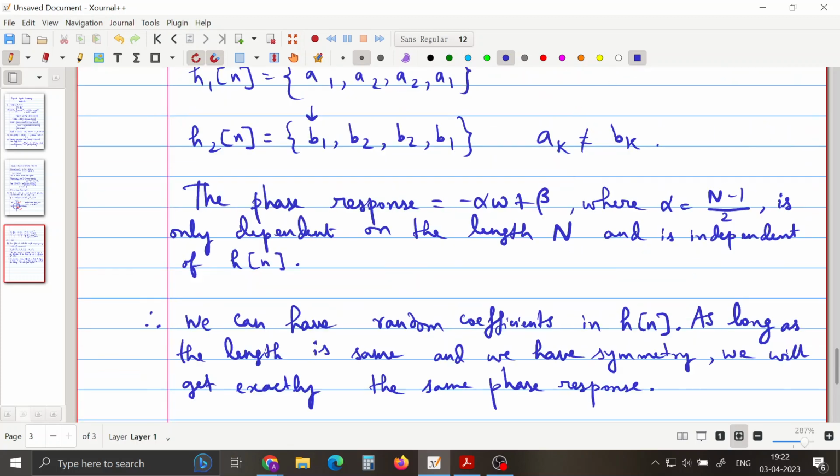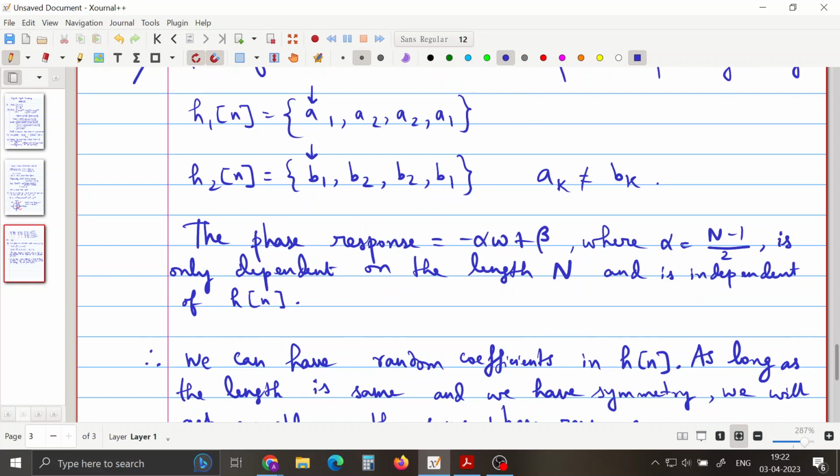If you go back to our given question, h1 of n is the sequence starting with a1, then a2, and again a2, and finally a1.